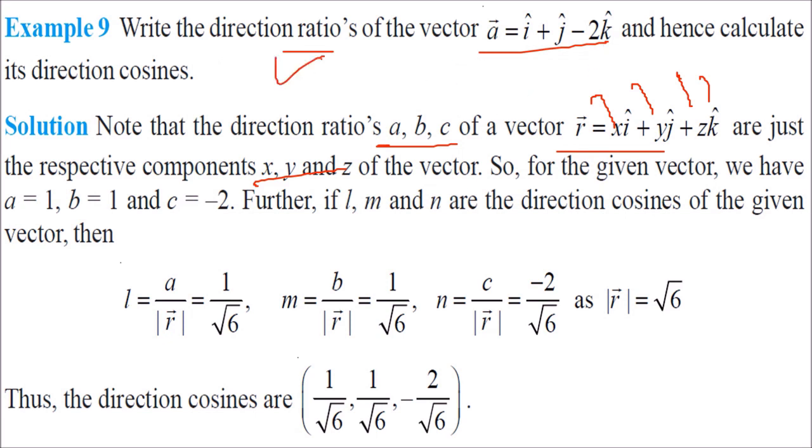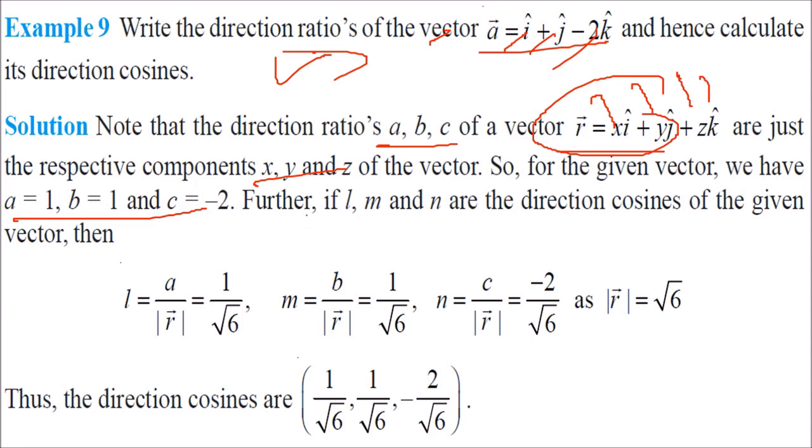This is a very important question, because it tells you the difference between direction ratios and direction cosines. Just observe it carefully. The direction ratios a, b, c of a vector are just the relative components x, y, z. So here a is 1, b is 1 and c is minus 2.